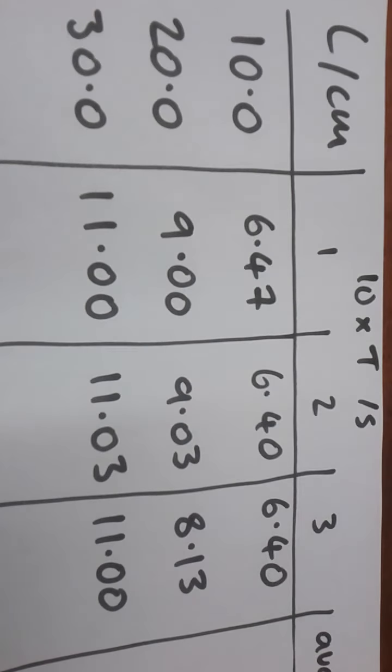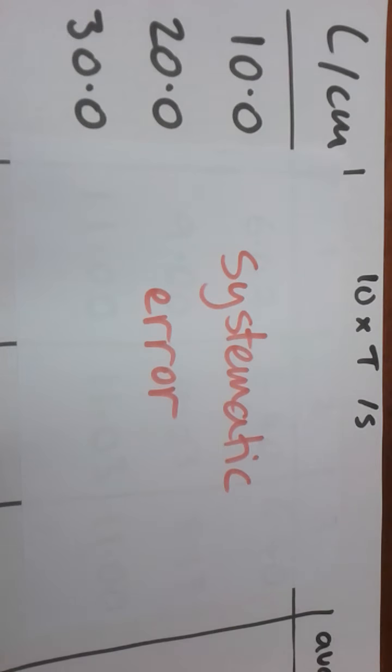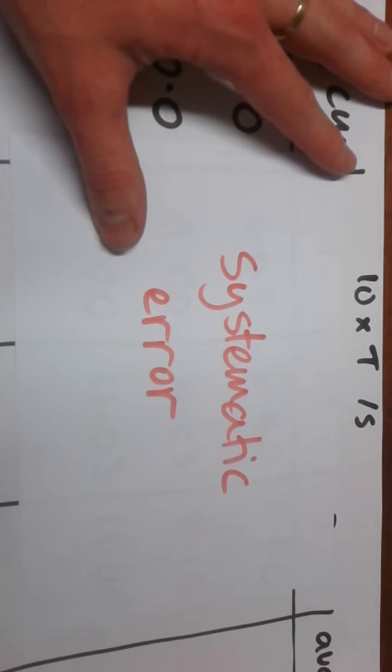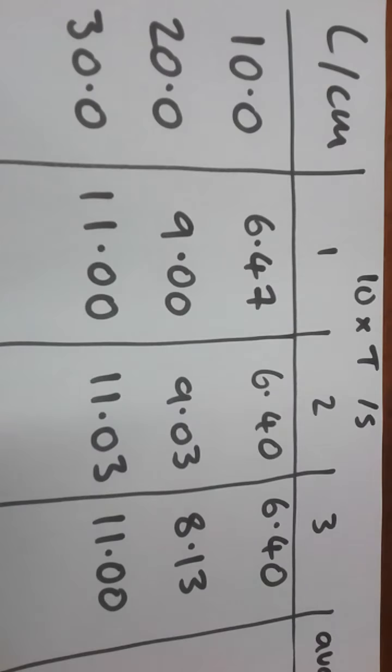It's going to be half the true value. So this systematic error, which is the same type of error that's happening the same way every single time, isn't improved by repeating and averaging. You could repeat and average as many times as you like using the wrong counting method, and your answer's still going to be wrong. So that's one example of a systematic error. We'll look at other examples of systematic errors in a moment.